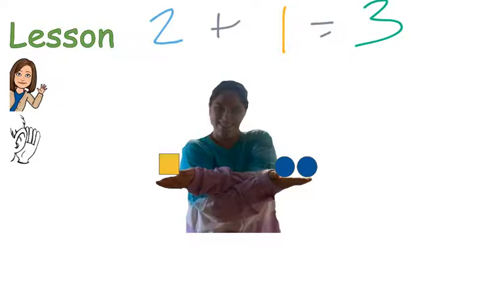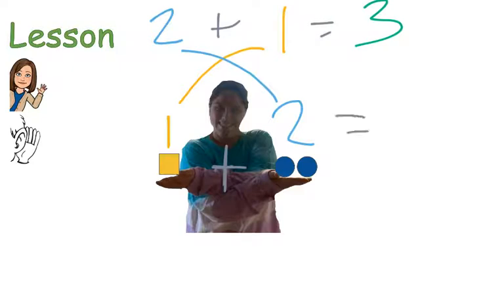But now we have to switch it, and we have 1 plus 2. We switched it. Do you see how they crisscrossed? And how many does this equal? We have 1, then 2, 3. It's still 3. Do you see how I switched my arms, but I still had the same objects? Okay.